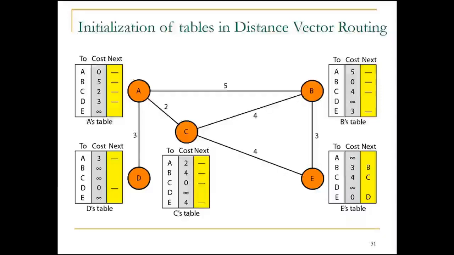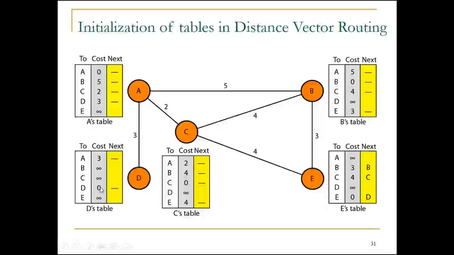But as it learns more about the network over time, it will start picking up some of the information or costs involved in routing packets to the farthest nodes of the network, even though it's not essentially required within distance vector routing to know the entire topology. So that's why we have the infinite cost over here, with no next hop.